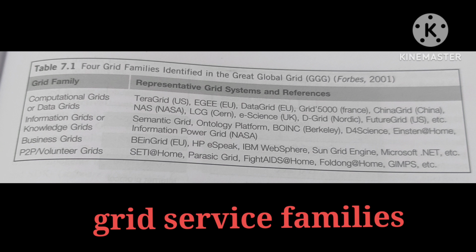All these are examples of business grids. And the last one is peer-to-peer or volunteer grids. The examples are SETI at home, Parabon grid, Folding at home, GIMPS. All these are examples of peer-to-peer and volunteer grids.